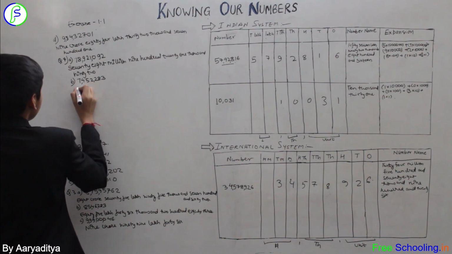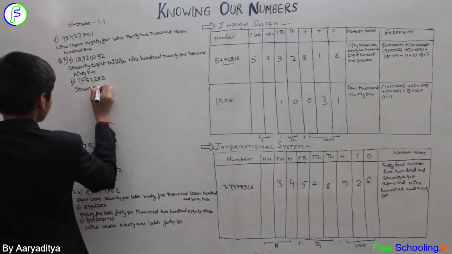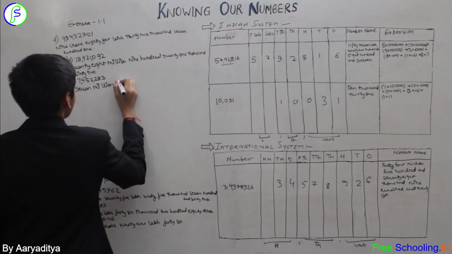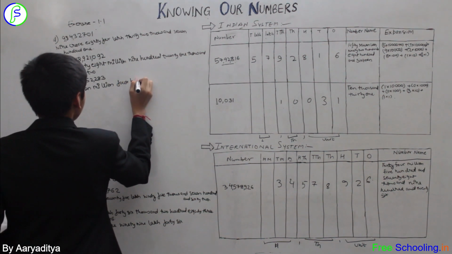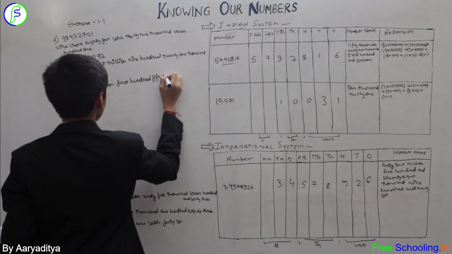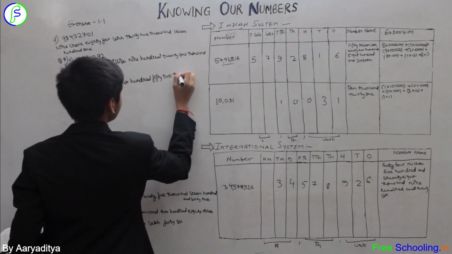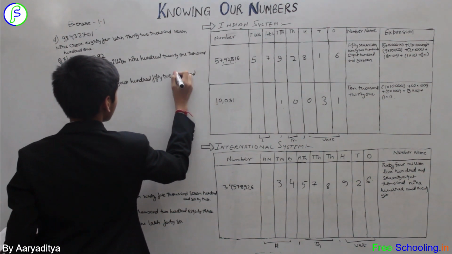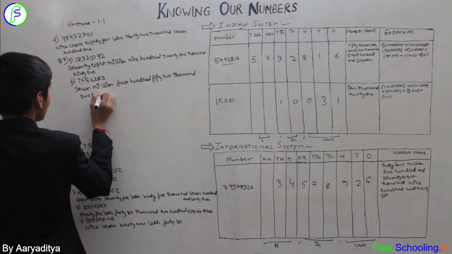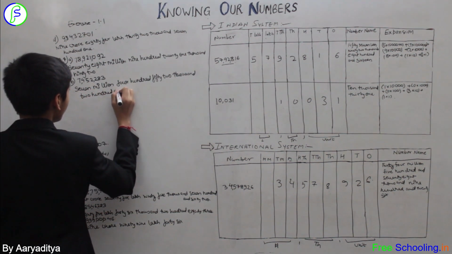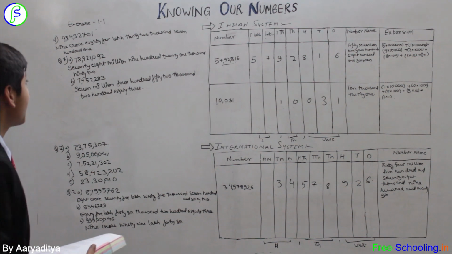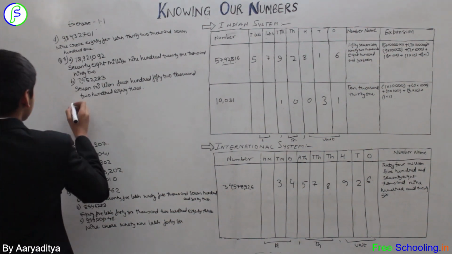Writing its name, it would be 7,452 thousand 283. So this is the name that we get for this number. Now moving on to the C part.